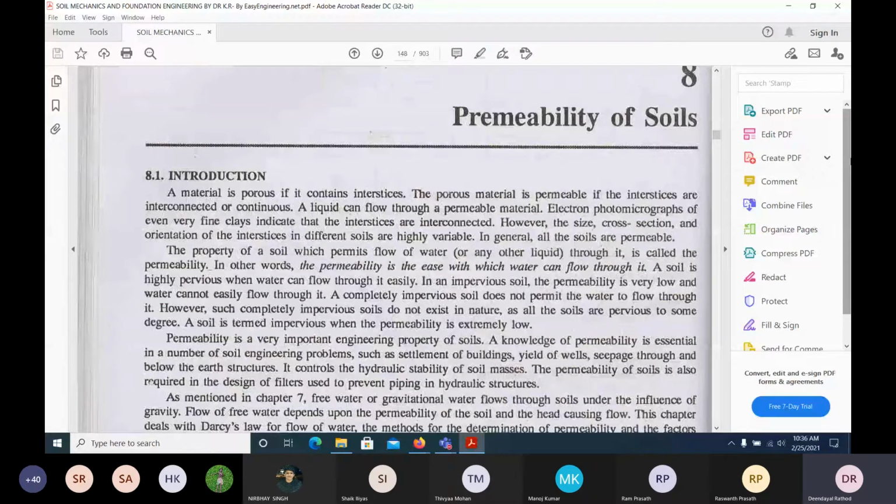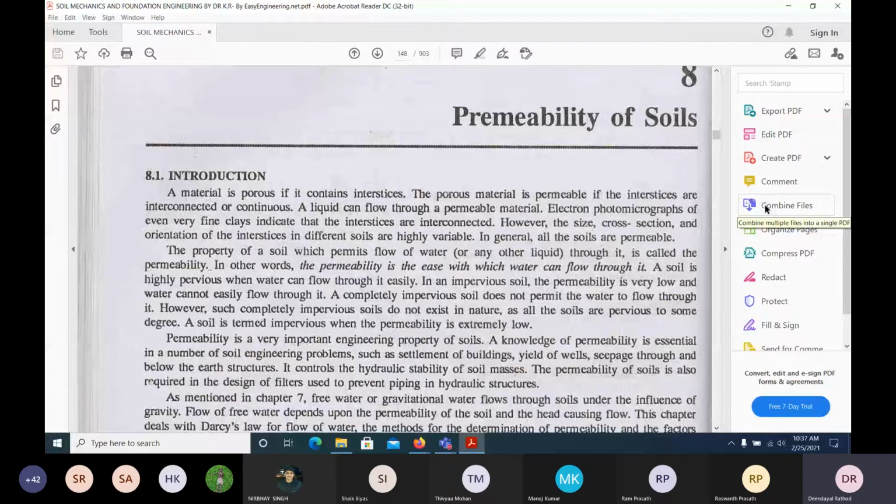So this will be a new term for you. Permeability means a property of a soil, a porous material, which permits the flow of water or liquid through it. It will allow water to pass through.